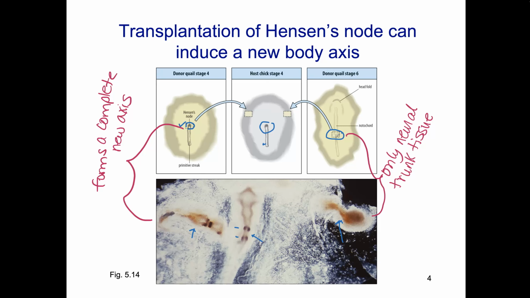And so it will form a new body axis, just like the original Hensen's nodes, except that it's lacking the head tissue. So the age of the transplanted node makes a difference. A newer one can form the whole entire body, but as development proceeds, the gene expression that's going on in those node cells changes so that it can only produce a subset of the structures.